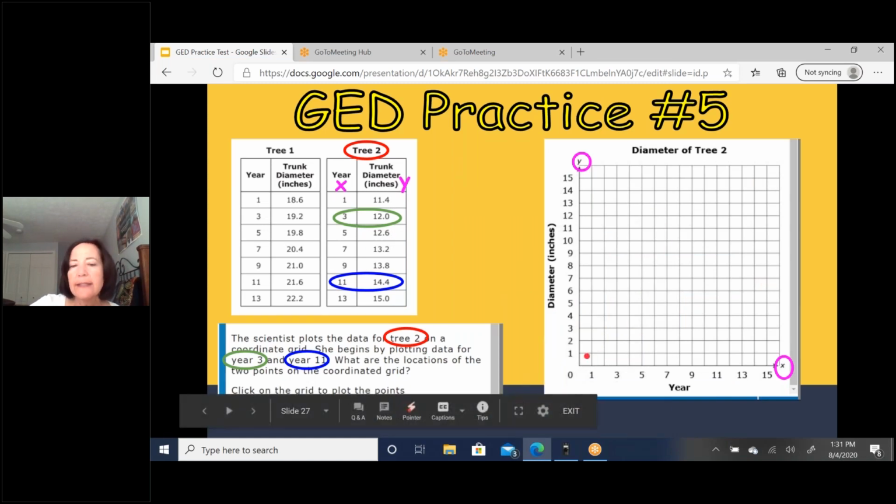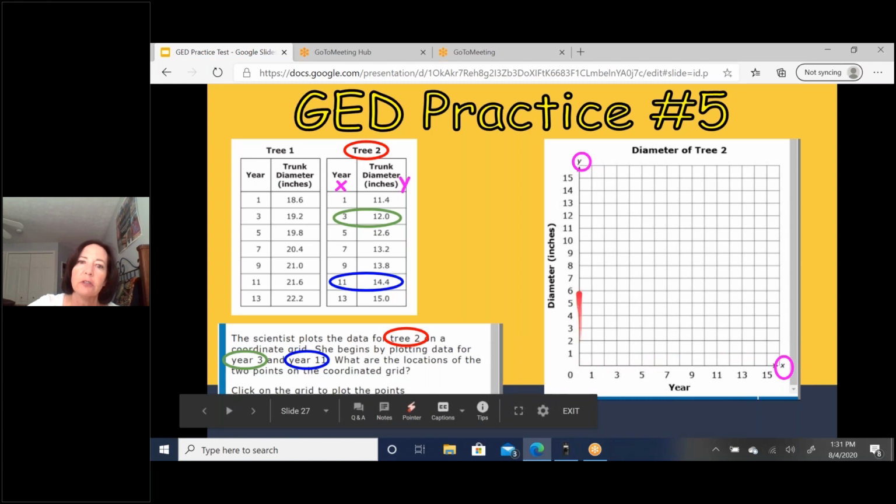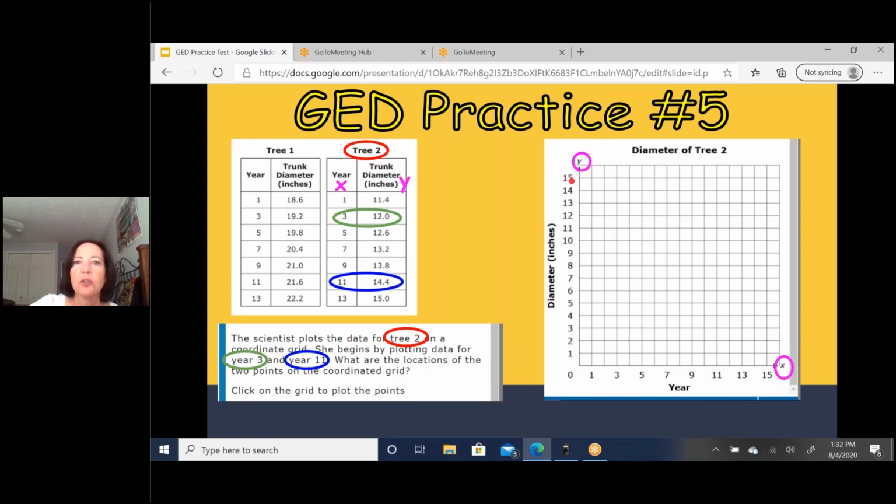And the coordinate grid, anytime you've got a coordinate grid, if you will look carefully, the horizontal line along the bottom, on the far right of it, there should be an arrowhead, and there will virtually always be the letter X. That is your X-axis, and that's where you plot your X values. And then the vertical axis is going to be your Y-axis, and so I circled that in purple.